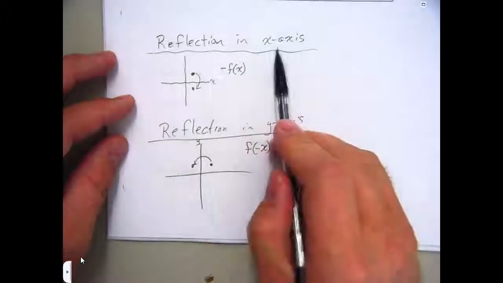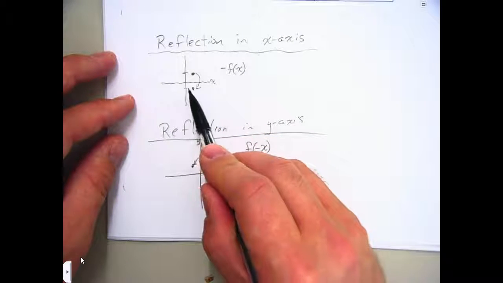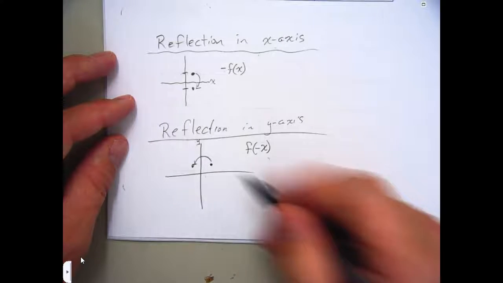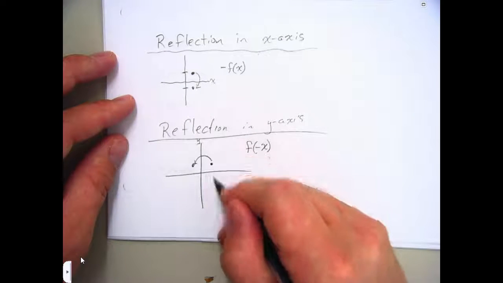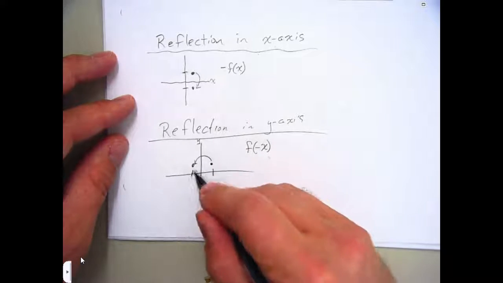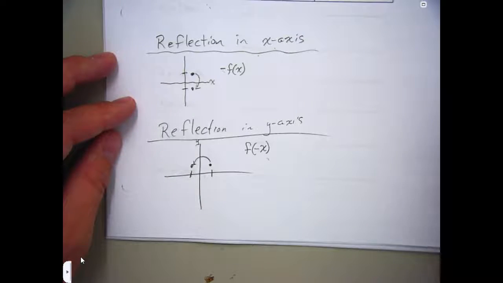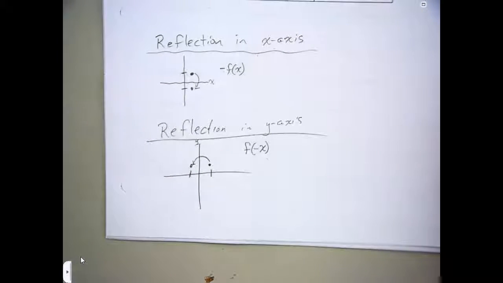I know this is reflecting in the x, but this point is moving from here on y to here on y. I know this is the y-axis, but this point is moving from here on x to here on x. So it's a horizontal movement, whereas this is a vertical movement. Okay? Any questions?